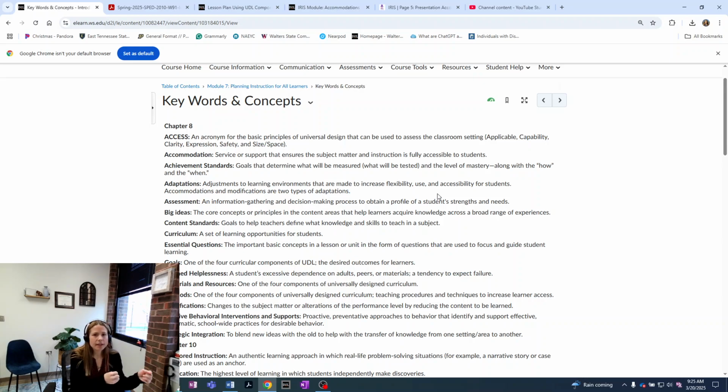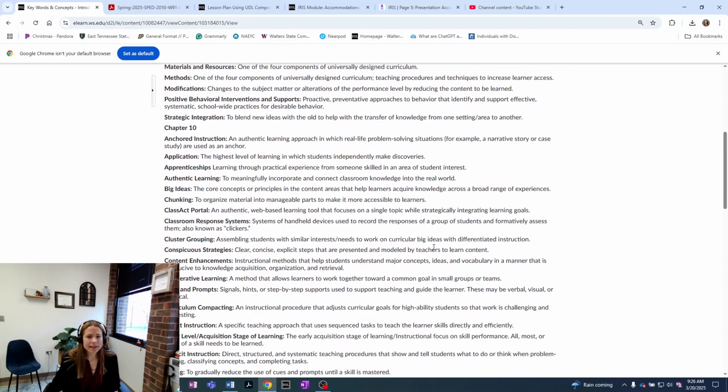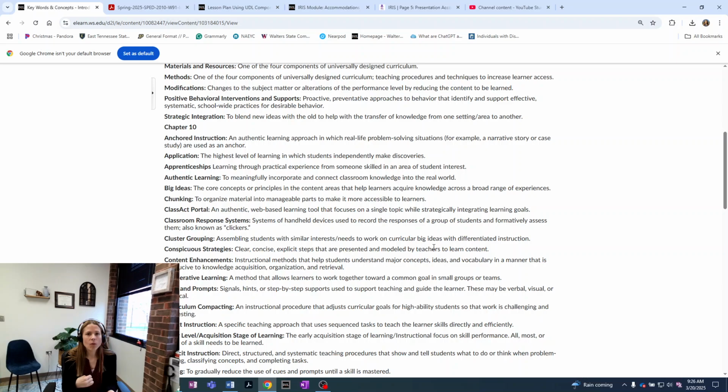The big idea is looking at your content standards. What are some essential questions? What are some modifications? Looking at those students who have IEPs or IFSPs. And then you also have to look at that behavior intervention support as well. Now, Chapter 10 is going to really get into that. What does authentic learning look like? What does that mean? And we're going to connect that to our big ideas.